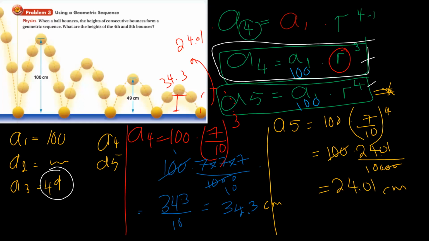And so if I have two consecutive terms, I can find any term I want. But if I have a sub 1 and a sub 4, I need two equations because I need r. Now, if I have a sub 1 and a sub 3, and I need to find a term between them, what do we have to do?